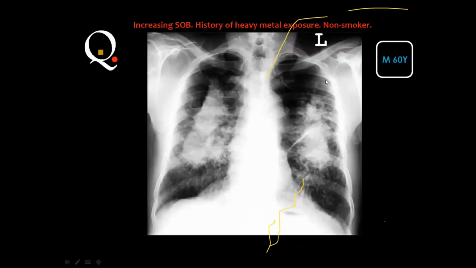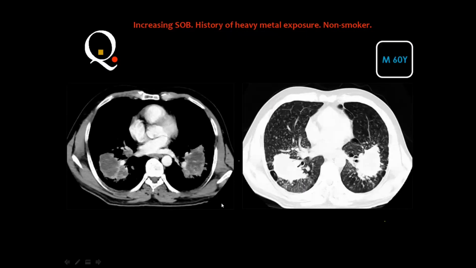Next case is a male patient, 60 years old, with a history of increasing shortness of breath and heavy metal exposure. He is a non-smoker. Yes, the answer is right, and this is progressive massive fibrosis: two big masses on either side of the mediastinum, and the masses may contain calcium.